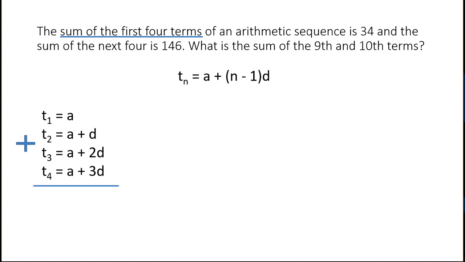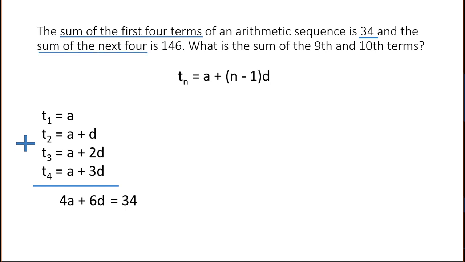I need to add all those up, and I've got four A's there, and 1D plus 2D plus 3D gives me 6D. And I know that 4A plus 6D has to equal 34, according to the question, because that's the sum of the first four terms.